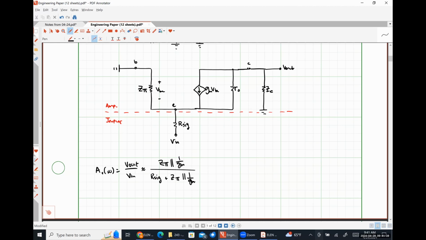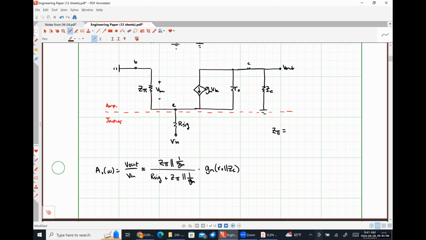So this is from my voltage divider input stage. And then that quantity is going to be multiplied by GM R naught in parallel with ZC. Let's define a couple of things here really quickly.